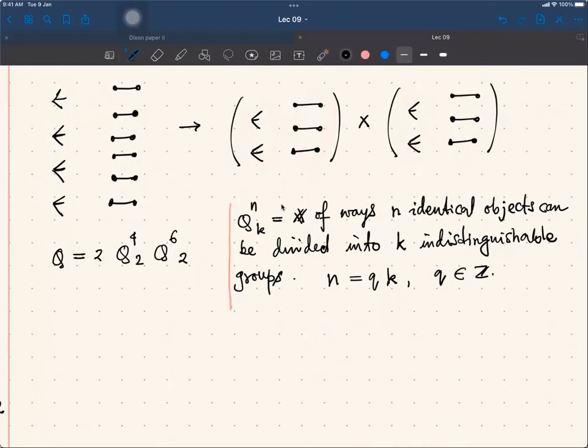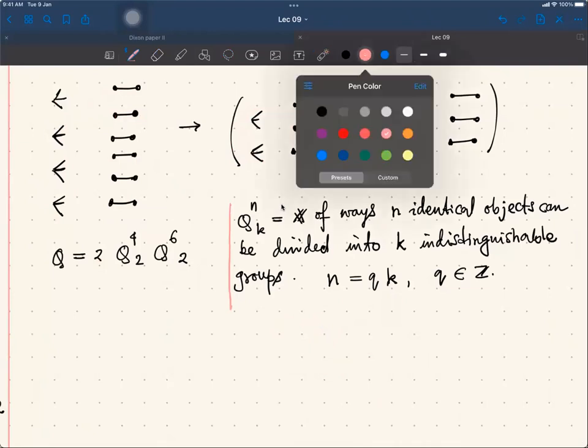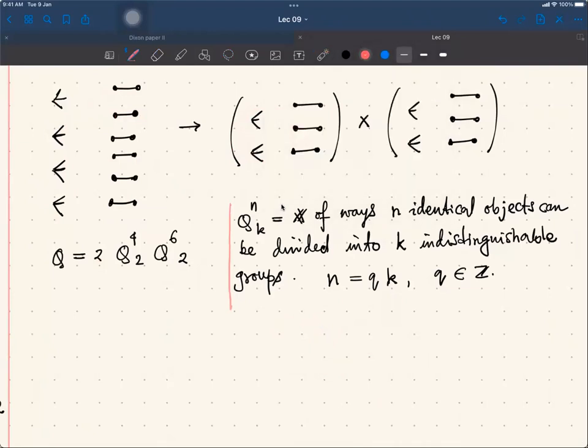So once you fix, let me color code it, once you fix the subgroup of vertices, associating them with the propagators can be done in 2 ways. You can switch between them, so there is an interchange symmetry between the 2 groups. So that is this factor of 2.